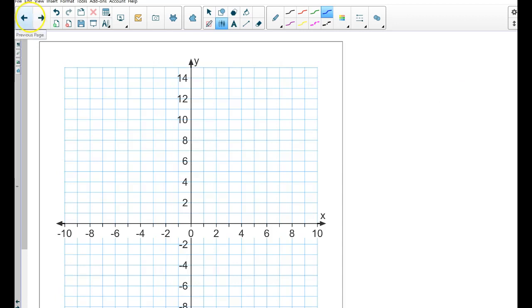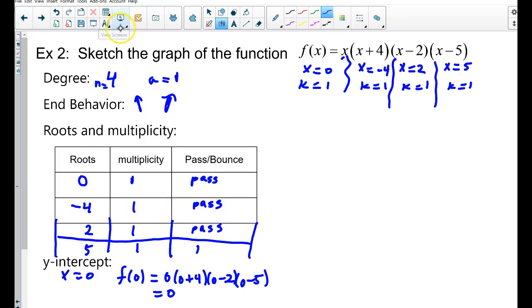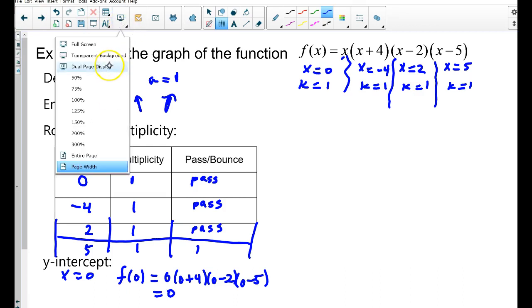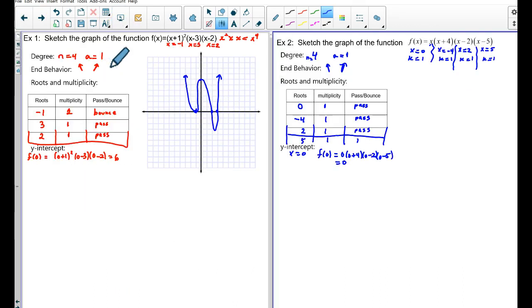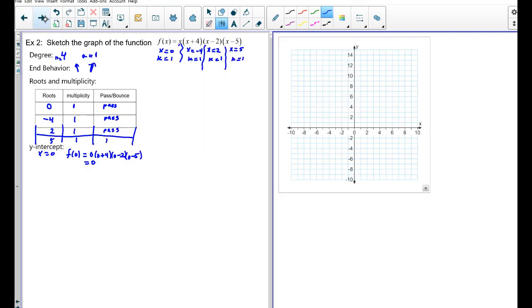So I'm going to put this on dual screen so I can show you both at the same time with the graphing. So again, we're going to show our y-intercept of 0, which is also a root. We have a root at -4, a root at 2, and a root at 5.